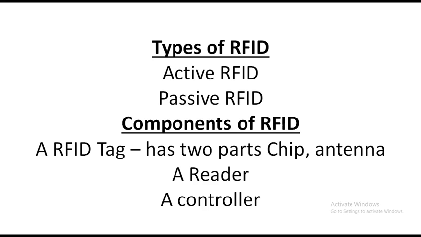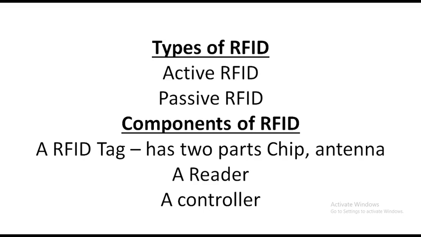After receiving the signal from the RFID tag, the reader will transmit the signal to the controller. The controller, a computer with a microprocessor, after getting the signal from the reader, will display the information.